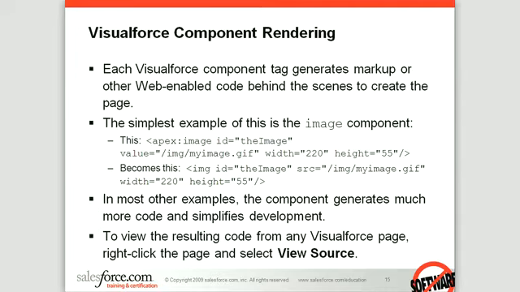In this case, this is an image tag. This Visualforce image tag has a number of attributes. It has an ID, a value, a width, and a height. So what this does is it produces the HTML right below it. There's an image tag, and here you'll see that the source, so in this case our attribute is called value, but in the case of an image tag it's called source, and then width and height. So this produces the standard HTML.